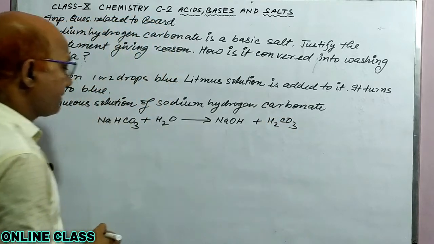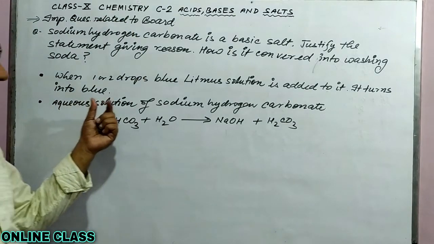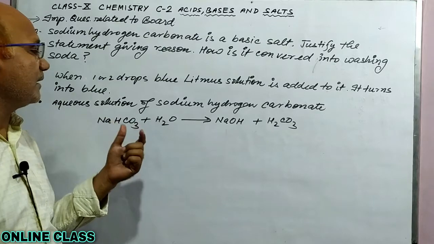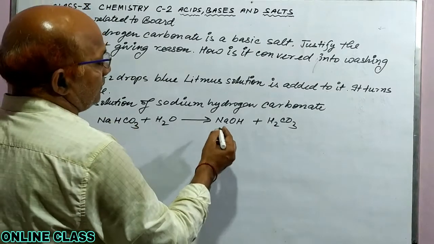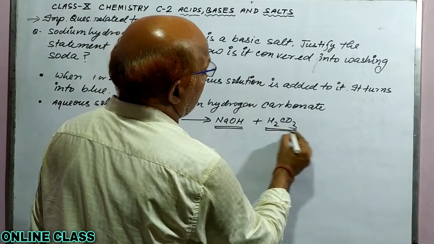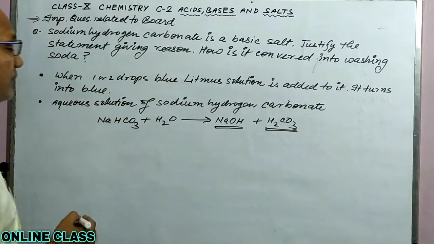Okay. So, when we take aqueous solution of sodium hydrogen carbonate, then it forms NaOH and H2CO3.